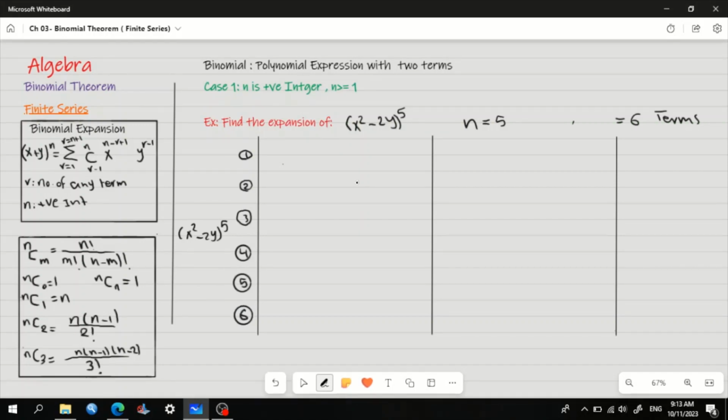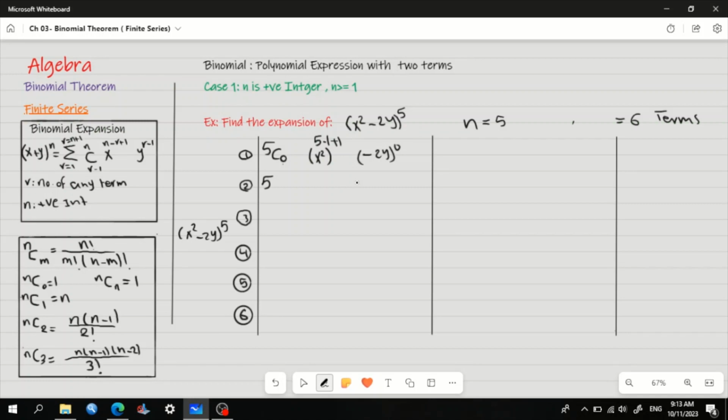And here n equal to 5. So here 5 combination 0. First term is x squared power 5, next 1 plus 1 and 2, negative 2y power 0.